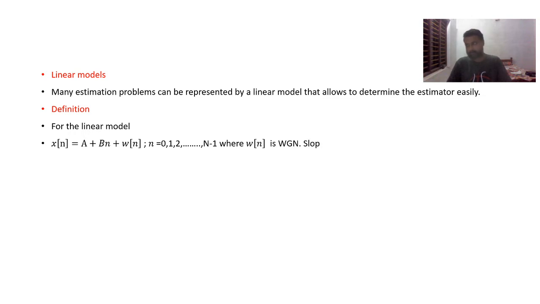You know the slope b and the intercept a are the parameters that have to be estimated. This is the same thing we discussed in the line fitting also. The same observation I have taken here for defining the linear model, that is x of n is nothing but a plus bn.